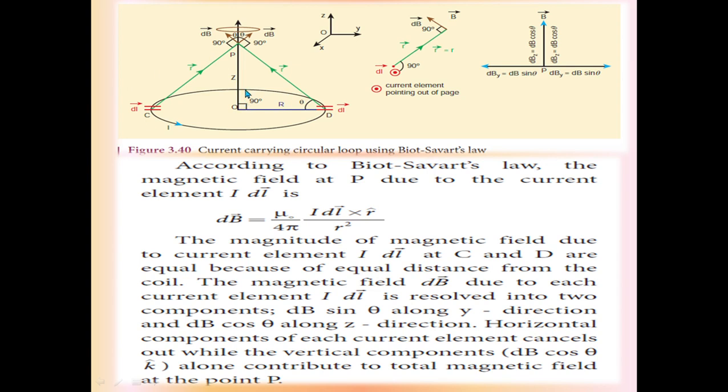One is the dB sin θ component along the y-axis, and another is the dB cos θ component along the z direction, that means the x-axis. The vertical components dB sin θ of each current element cancel each other, while the horizontal component dB cos θ k cap alone contributes to the total magnetic field at point P.